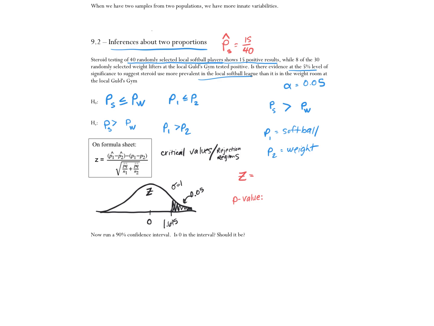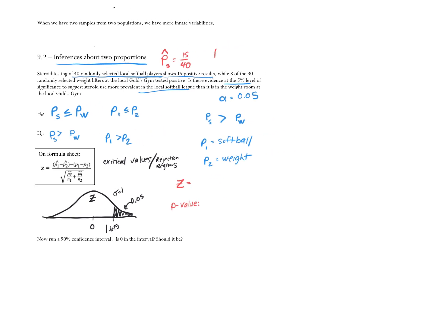Then we also have that the p hat for weightlifting was 8 out of 30. You'll notice it's not asking you for a value from your null hypothesis because there is no value from your null hypothesis. It knows greater than versus less than. Is everybody okay?